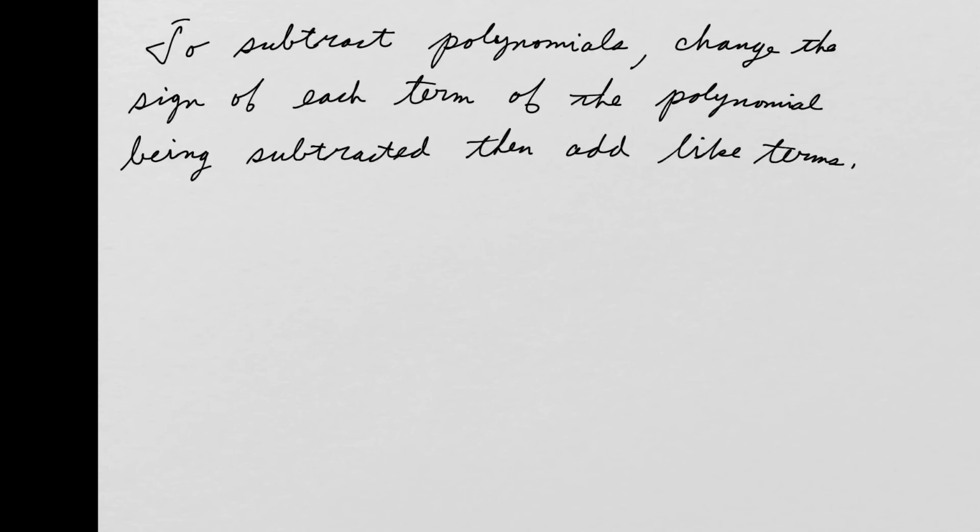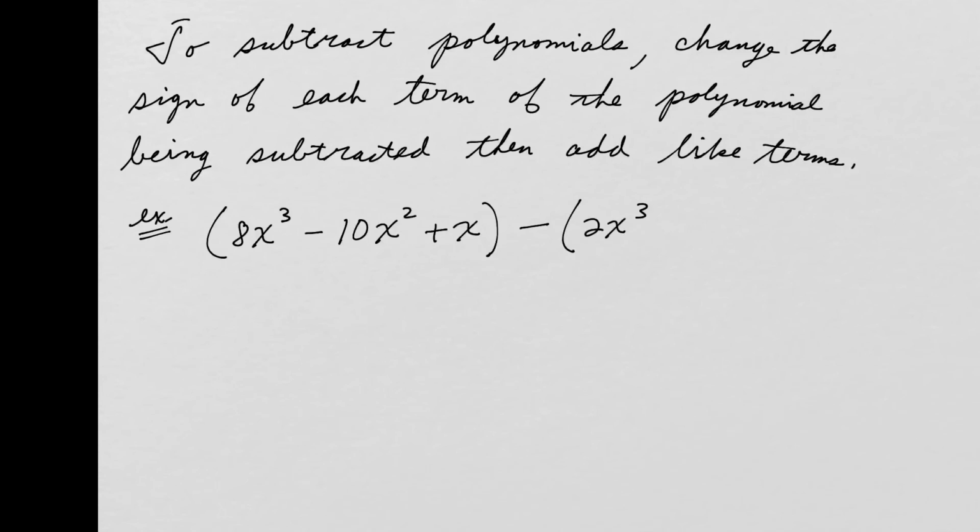Okay, so for example, let's say you're asked to subtract these two polynomials. Let's say we have 8x cubed minus 10x squared plus x. And let's say I want to subtract 2x cubed plus 7x squared plus 3x.